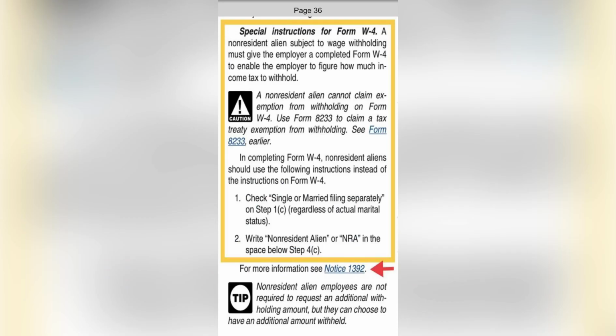On page 36, under Special Instructions for Form W-4, it reads, "A non-resident alien subject to wage withholding must give the employer a completed Form W-4 to enable the employer to figure out how much income tax to withhold." And they are cautioned. It reads, "A non-resident alien cannot claim exemption from withholding on Form W-4. Use Form 8233 to claim a tax treaty exemption from withholding."